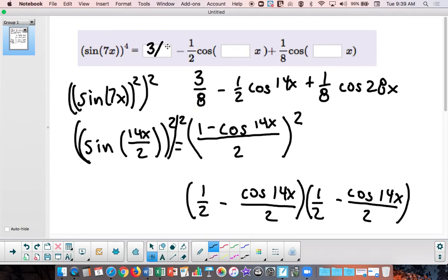So I'd do 3/8 minus 1/2 cosine of 14. The x is already there, so don't type that in. Plus 1/8 cosine, again, just write the number, 28x. That way it's not double counting that x. But that's at least how you would enter your answer, if that might be the issue. But that should be it.